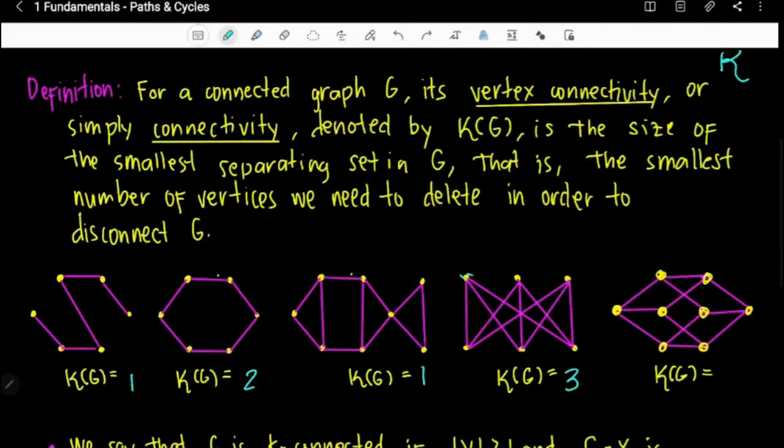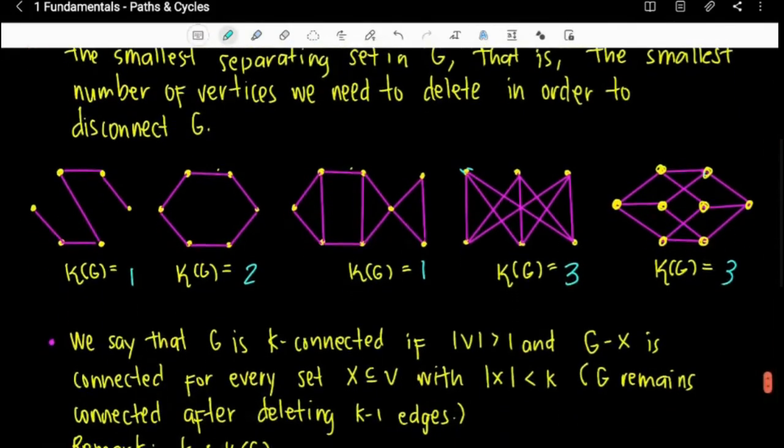If I delete this one, parang ganun din yung natira kanina, di ba? Parang ibang orientation lang. So, kailangan ko ulit ng dalawa para ma-disconnect siya. Dalawa pa din, no? So, that means the minimum number is 3. So, that's your vertex connectivity. Nakuha po ba ibig sabihin ng vertex connectivity?